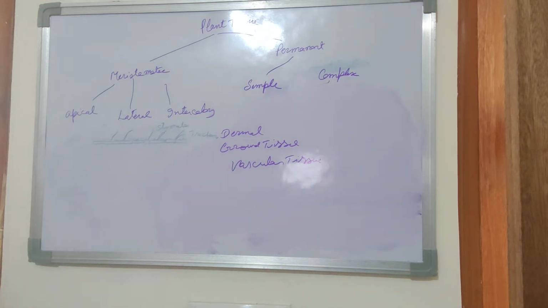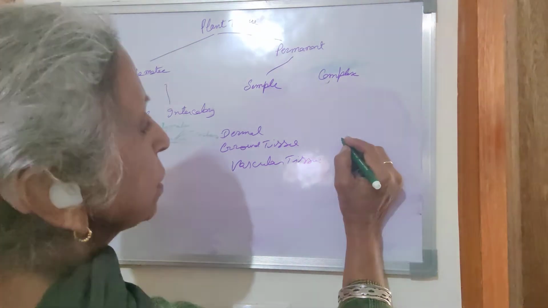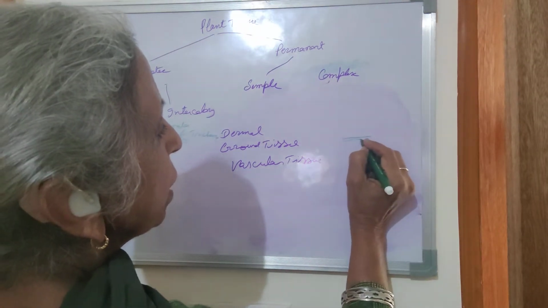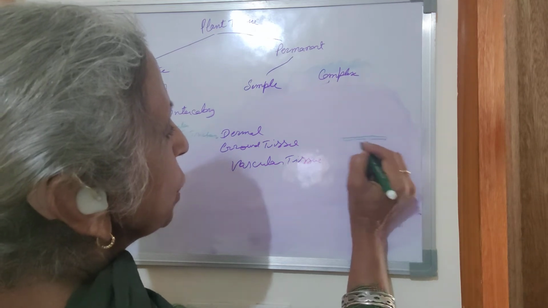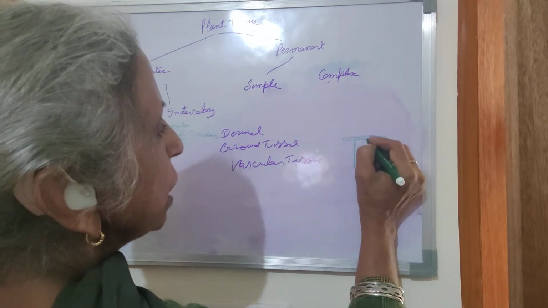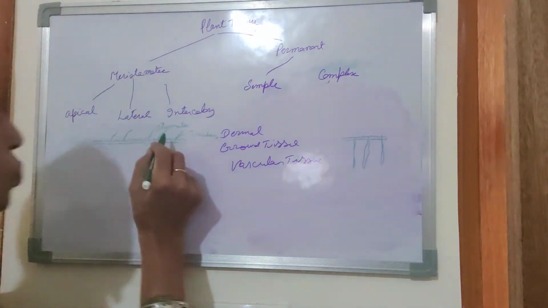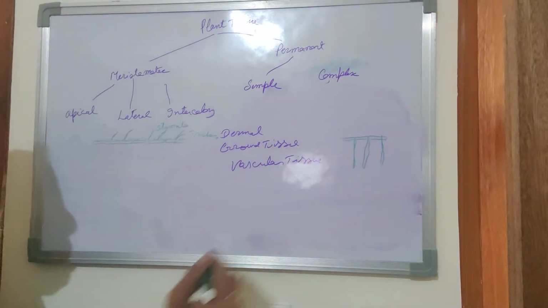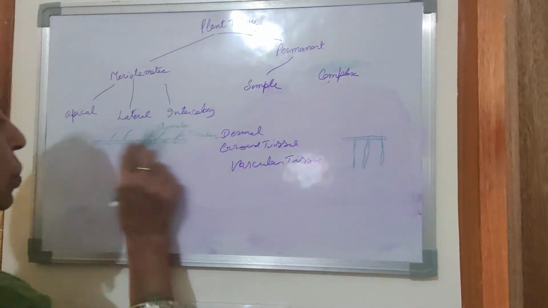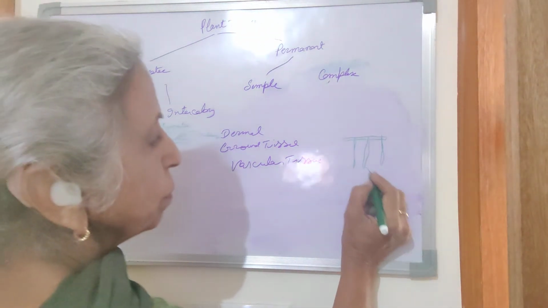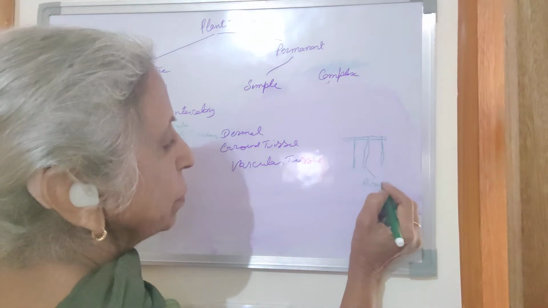In case of root, the epidermal cells are elongated into hair-like structures, which are called root hair. And in case of shoot, the hair-like structures are called trichomes.